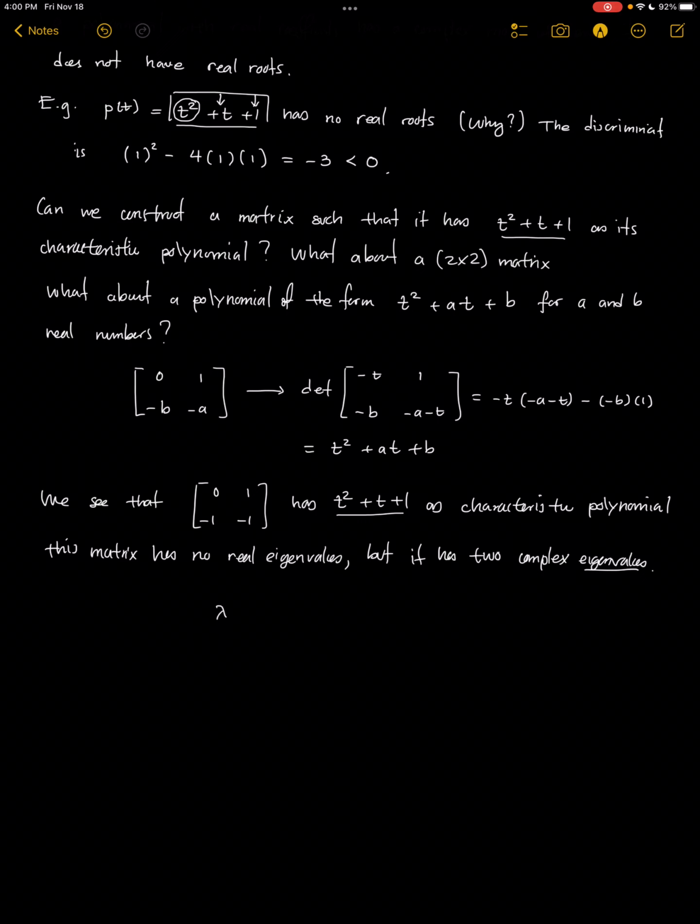In other words, those have the following form, which may be written as negative 1/2 plus the square root of 3 over 2 i, but also negative 1/2 minus square root of 3 over 2 i.